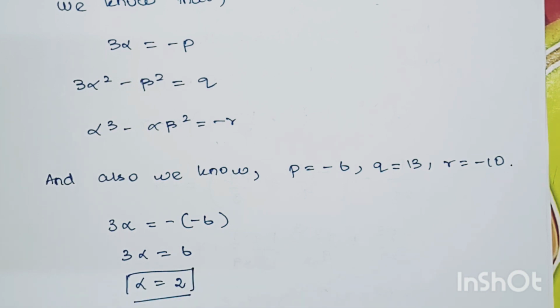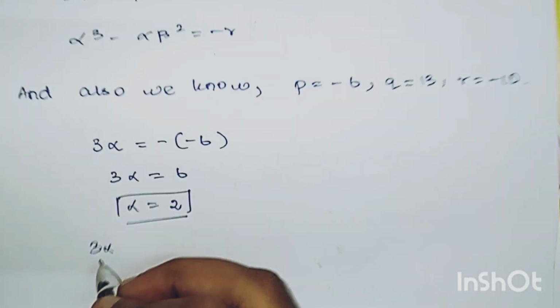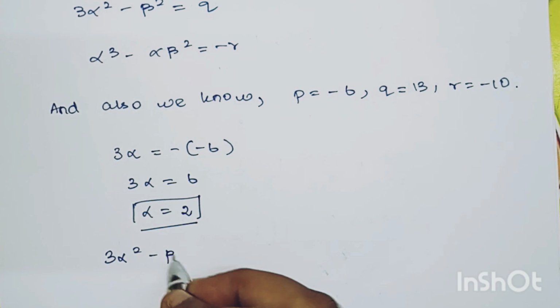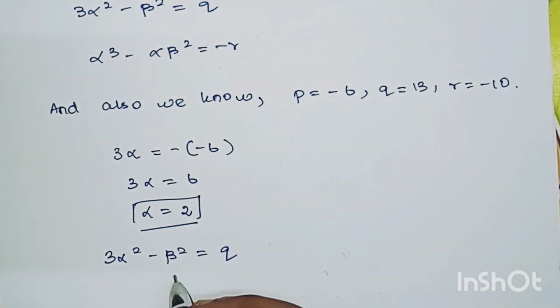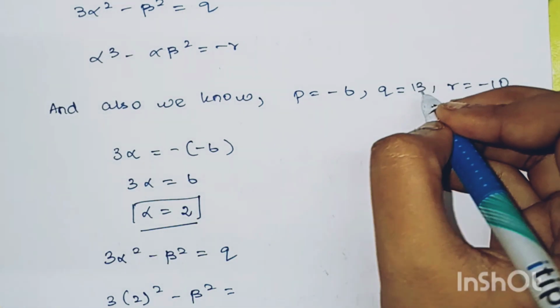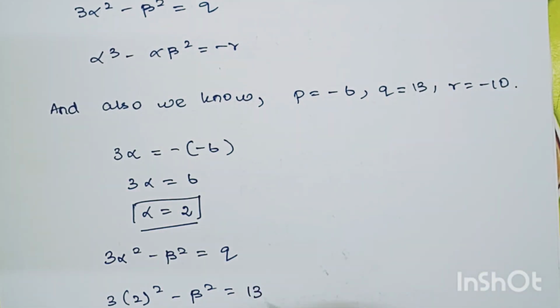Next, to find the beta value, we take the equation 3 alpha square minus beta square is equal to q. In this equation, we have found the alpha value as 2. So 3 into 2 the whole square minus beta square, and q value is 13. So 2 2s are 4, 4 3s are 12.